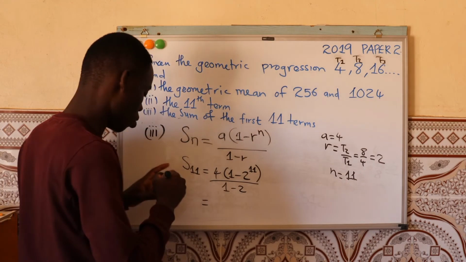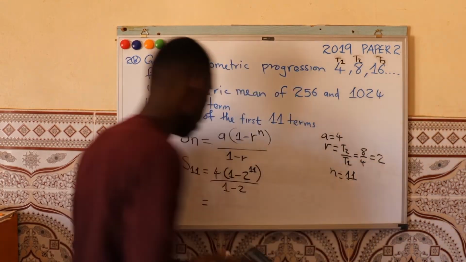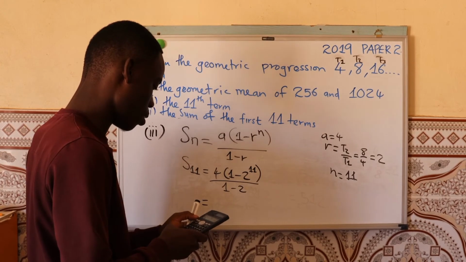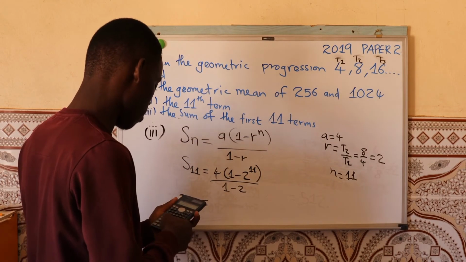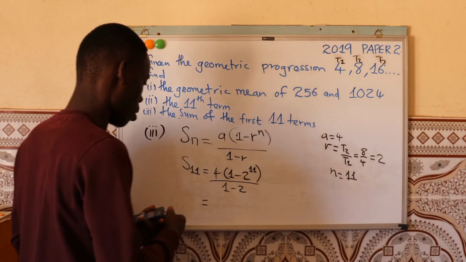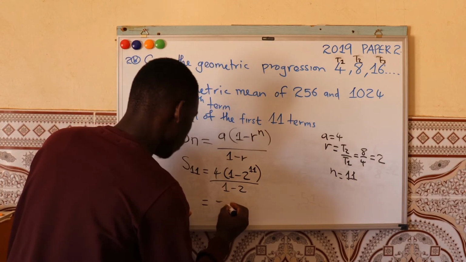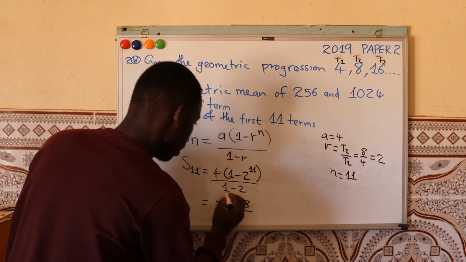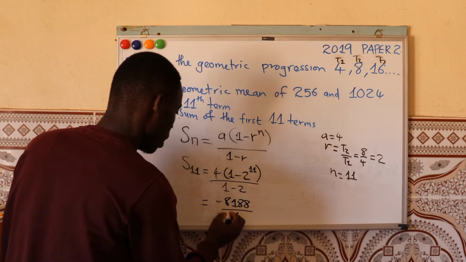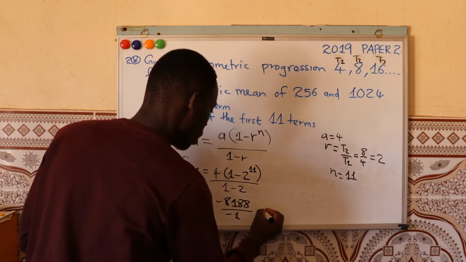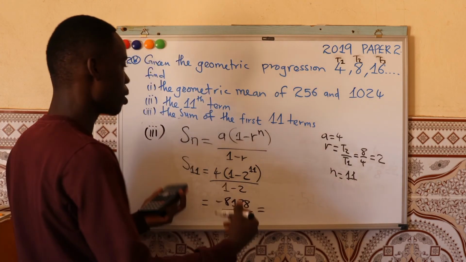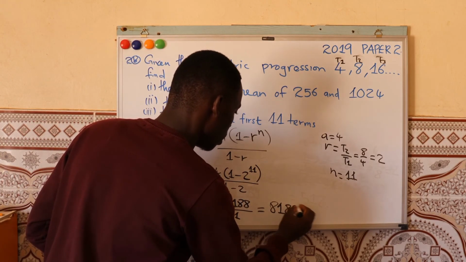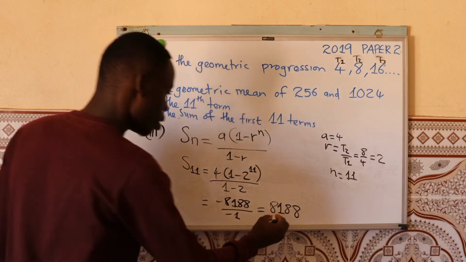Simplifying, 1 minus 2 to the power 11, times 4, is negative 8188, divided by 1 minus 2, which is negative 1. The negative and negative becomes positive, hence our sum of the first 11 terms is equal to 8188, which is our final answer.